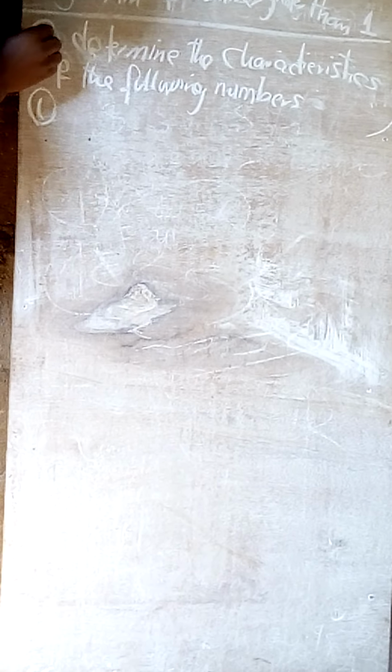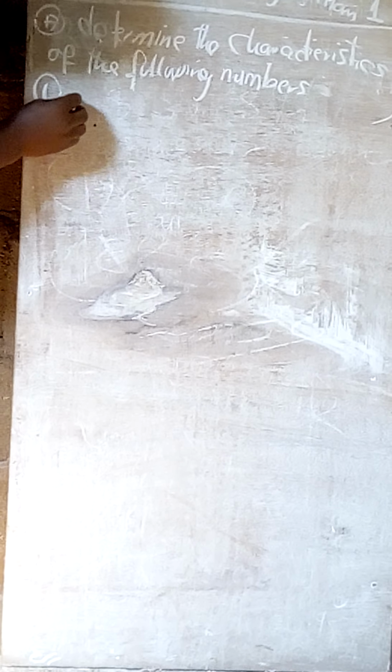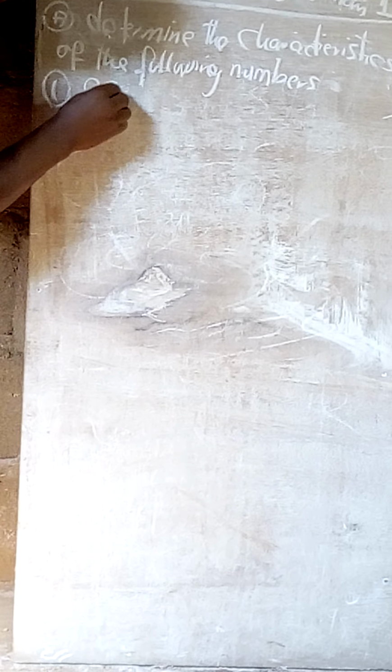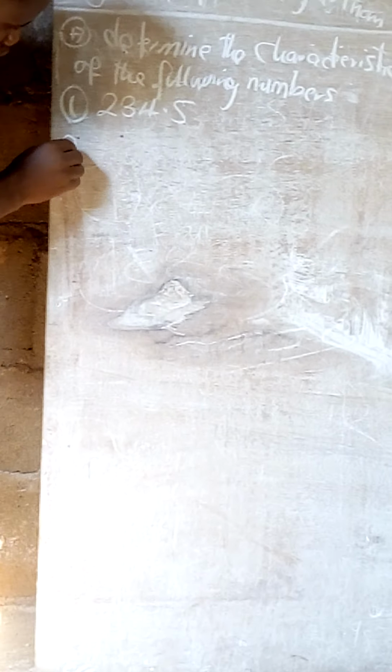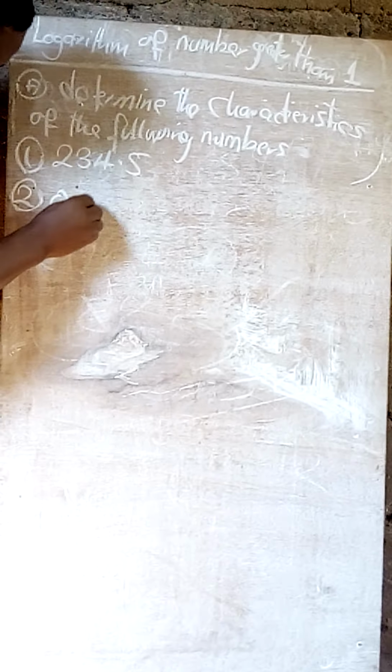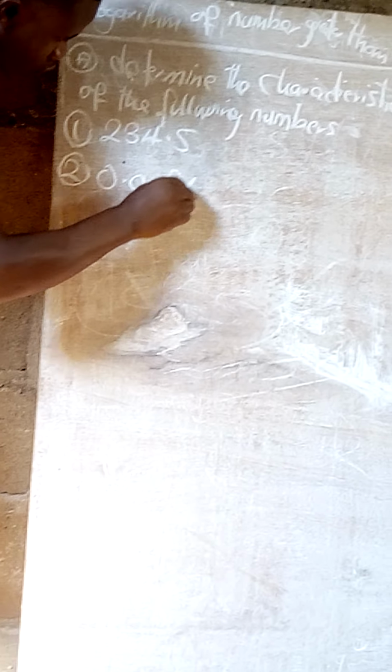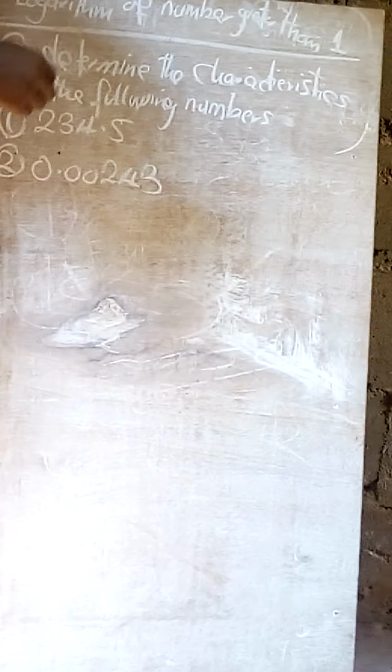In logarithm, number 1, let's say we have 2.345. Number 2, 0.00243.